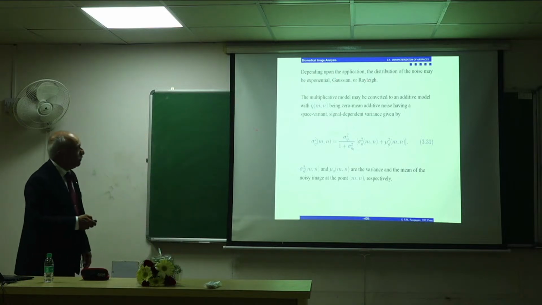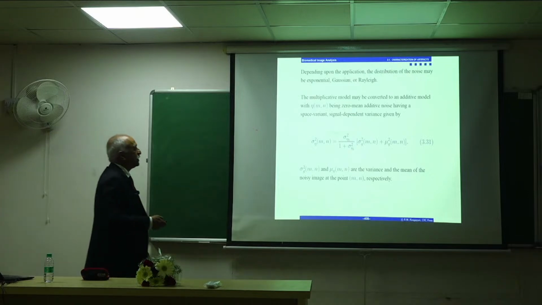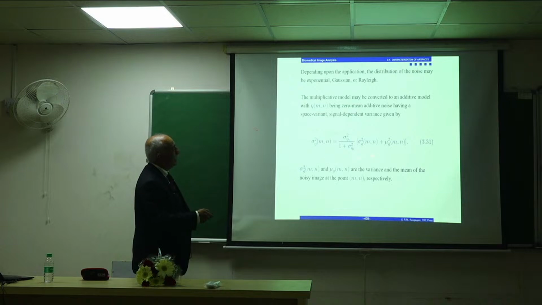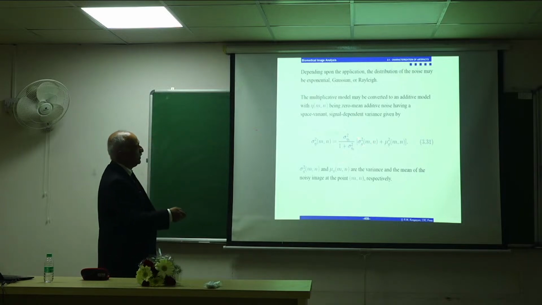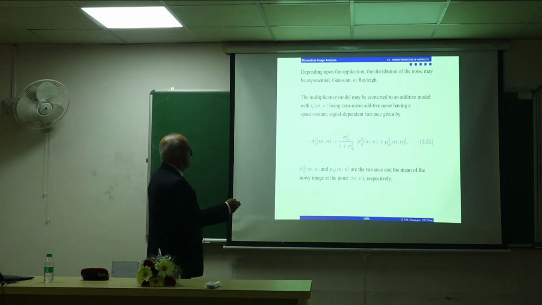The multiplicative model may be converted to an additive model to facilitate further processing by modeling the variance in this manner, where you have sigma square g, the variance of the observed signal, its mean square, and this ratio sigma square eta 1. And that is the space variant signal dependent variance. (m,n) indicates it is space variant.